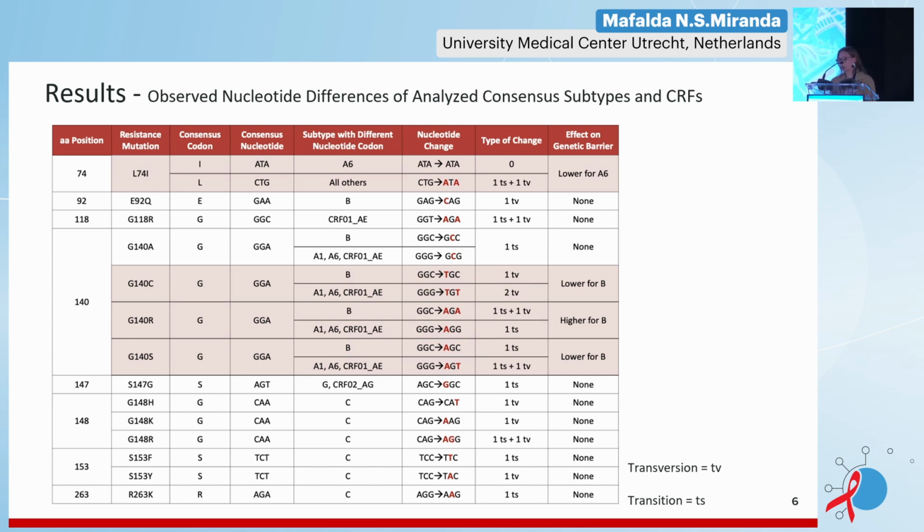In relation to the 140 position, we can see that in the selection of 140C and 140S, the subtype B has a lower genetic barrier to resistance in comparison to all other subtypes, but on the reverse, in the selection of mutation 140R, the subtype B has a higher genetic barrier to resistance.